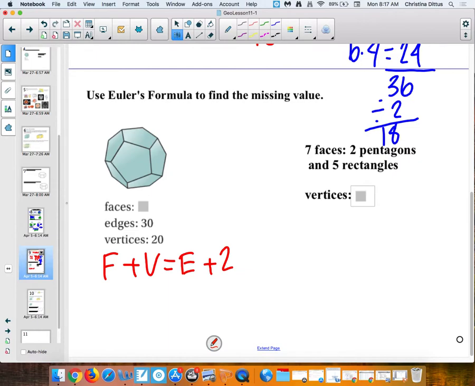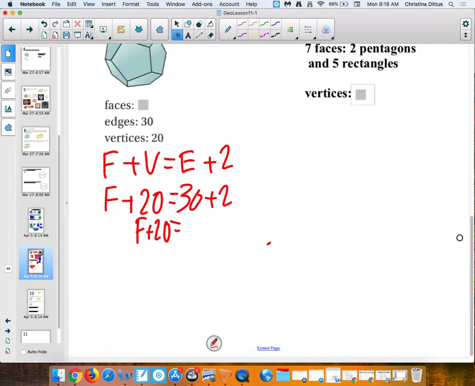What am I plugging in where? 20 into V. Still looking for faces. What am I plugging in for E? 30. So my right hand side I get 32. So how many faces do I have?